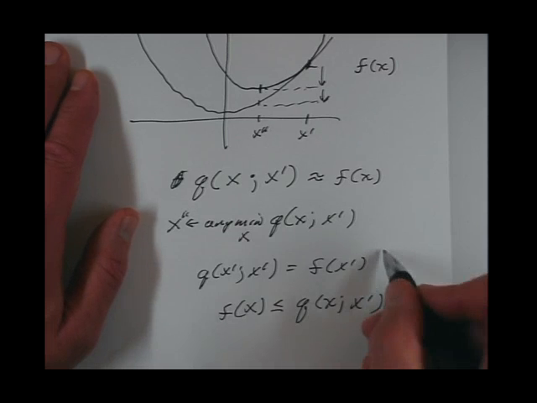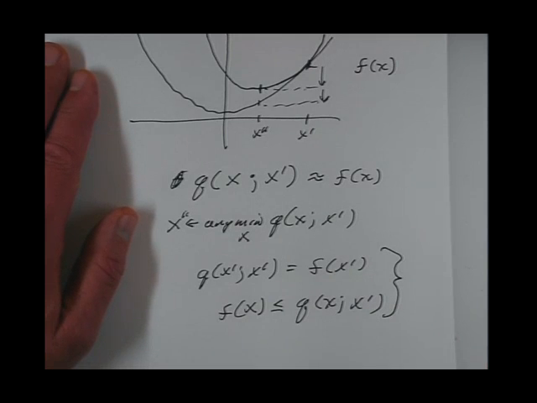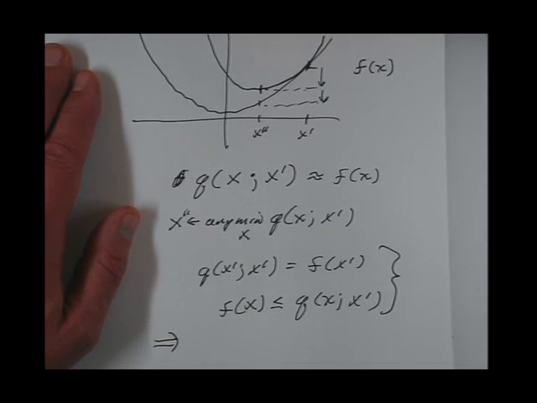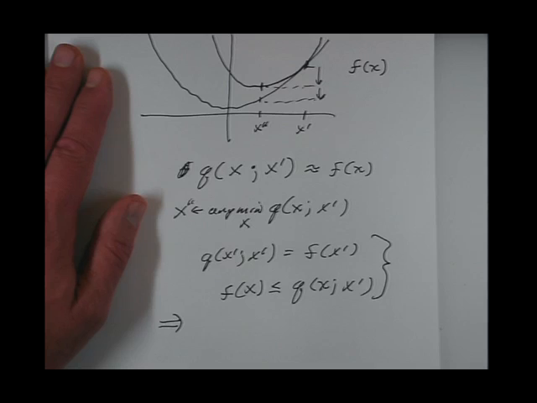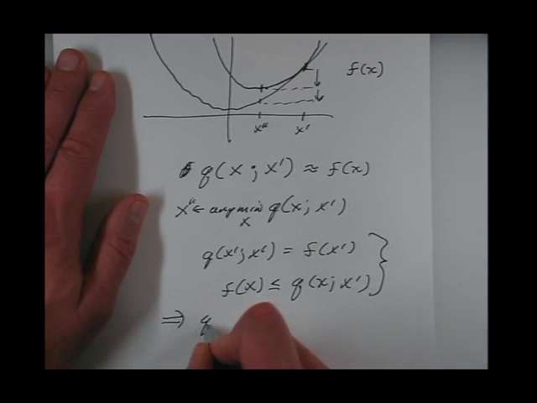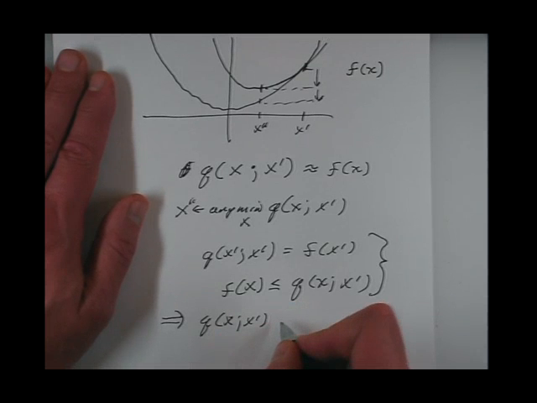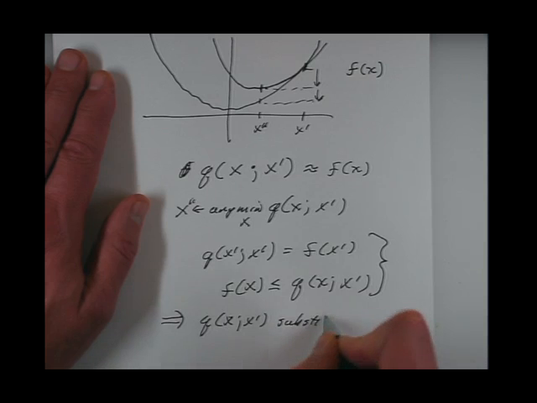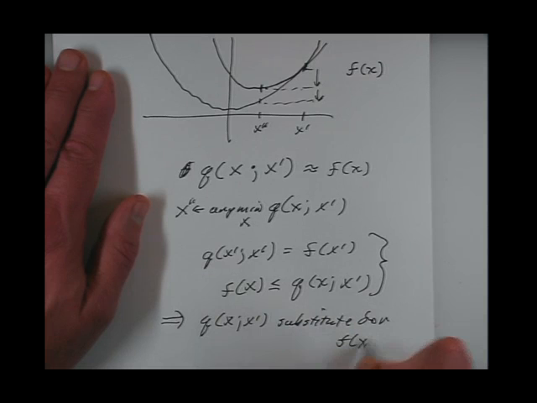These are the two conditions that guarantee that two things hold, and we say that, let me zoom out, we say that Q of x semicolon x prime is a surrogate function or a substitute function for f of x.